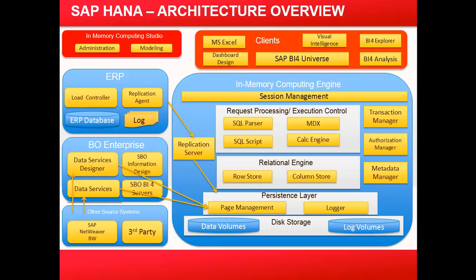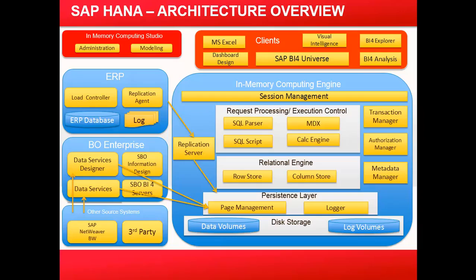So that's what is in the architecture components. What we have seen is the in-memory computing engine, which is the heart of SAP HANA. At the top on the extreme left side is the in-memory computing HANA Studio, which has the admin and the modeling interface. Then amongst the optional components, here you can see the ERP system, which has the replication agent, connecting to SAP HANA through the replication server, which is the SLT transformation server.